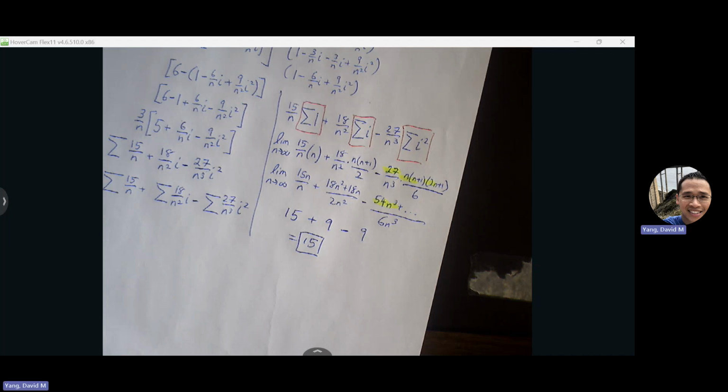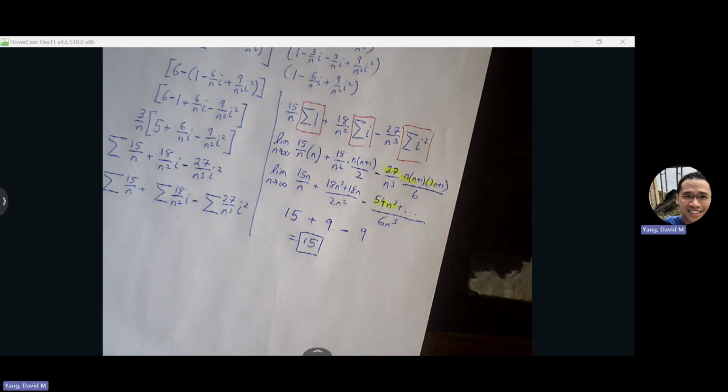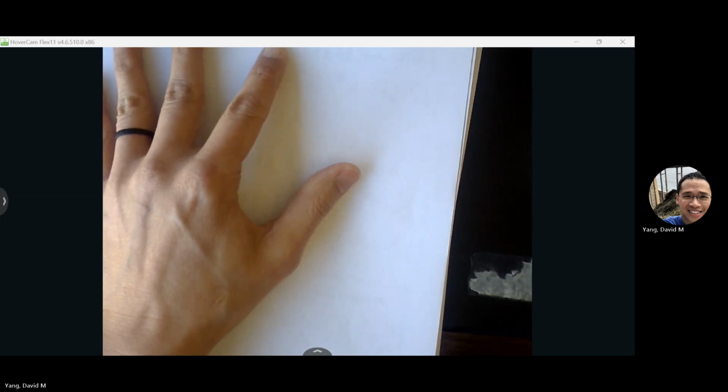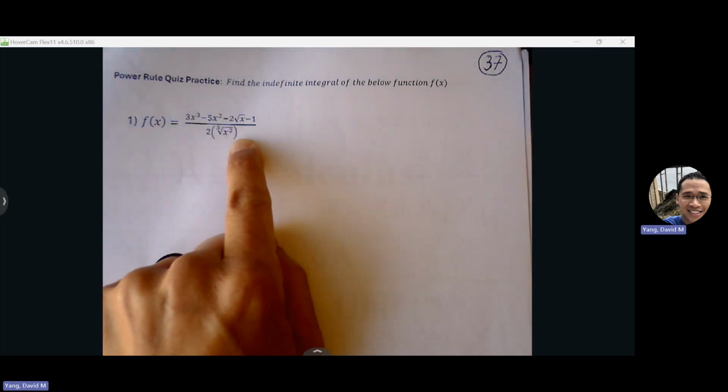Okay, there's also going to be an extended power rule problem on the quiz. We'll do one problem each day leading up to the quiz. So on page 37, you'll see a problem like this where you're asked to find the integral.